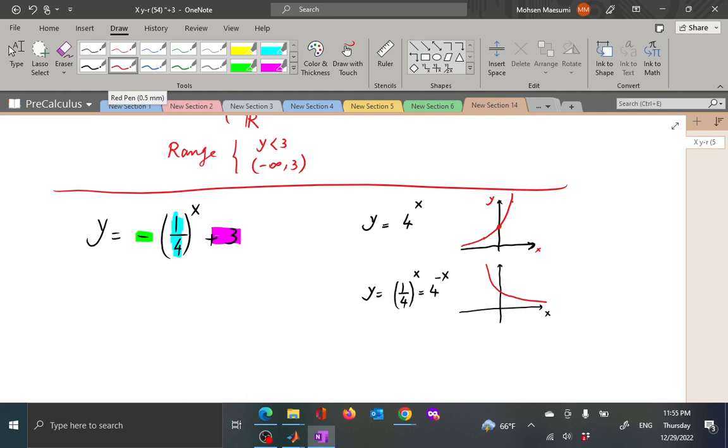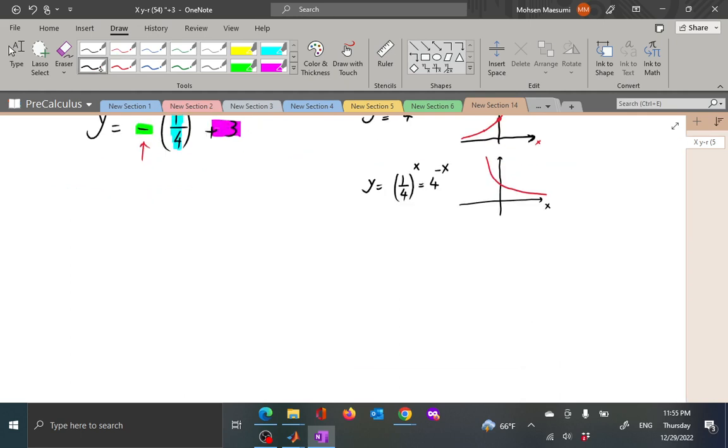Okay, good. Next up, what is this negative going to do? So now I'm investigating, how about minus (1/4)^x, or minus 4 to the power of minus x. Remember, 4 to the power of minus x is handled first, and then we make it negative. So if any y value is made negative, what does that do to the picture? These are the shortcuts that are going to help you answer this problem.